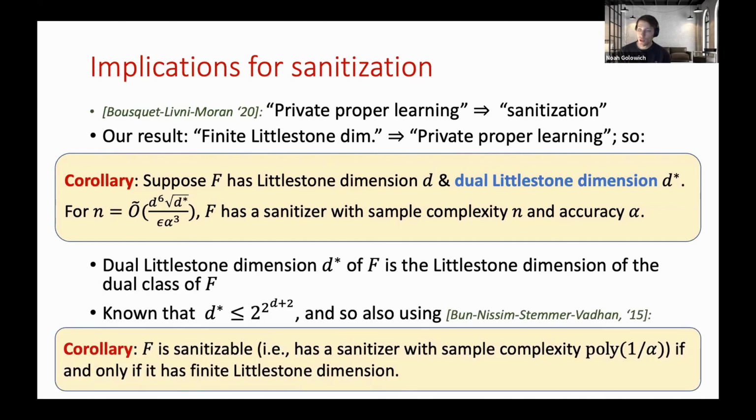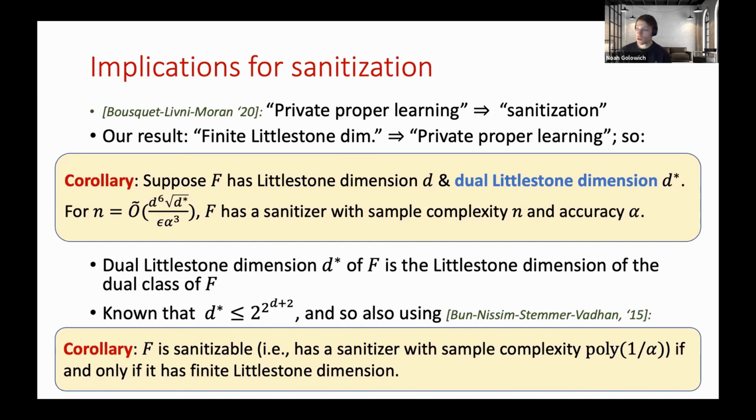Now, I haven't defined what dual Littlestone dimension is. Simply stated, it's the Littlestone dimension of the dual class of F. That's not too important. Really, the main property of it that is interesting is that D star is bounded above by a double exponential in the Littlestone dimension D. And what this does is this immediately shows that classes with finite Littlestone dimension are sanitizable, namely have sanitizers with polynomial sample complexity in 1 over alpha.